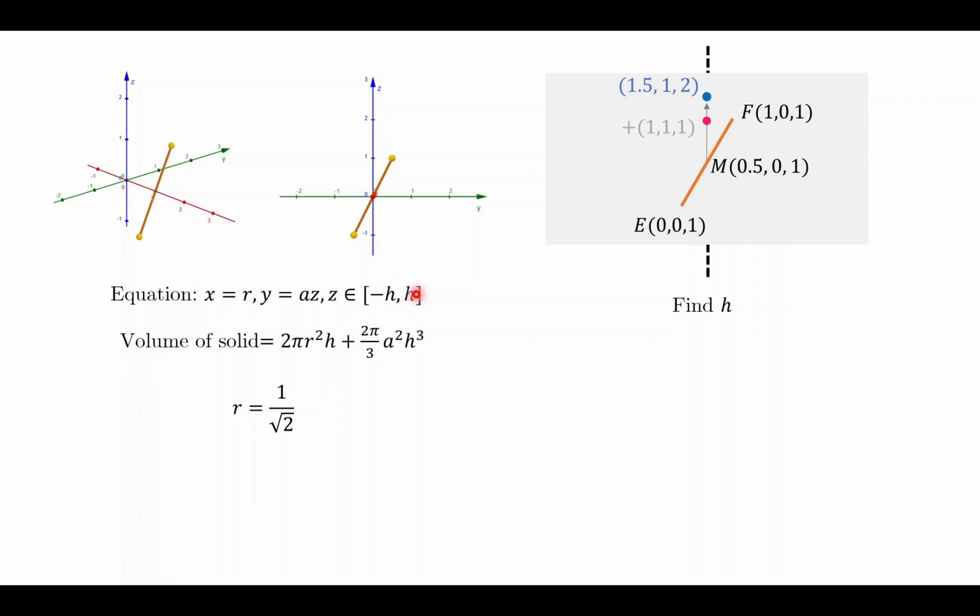To find the value of H, I need to describe the height here, right? Remember previously the height was from minus H to H. To get this height, I need to take the projection of F onto this thin arrow over here.